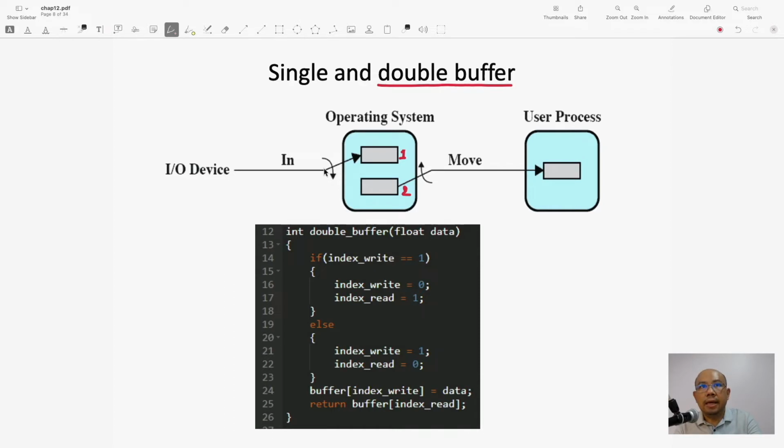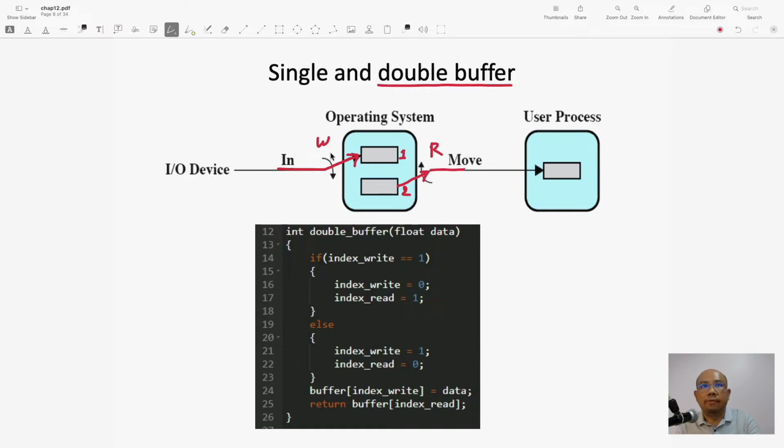The two pointers are the write pointer and the read pointer. The write pointer writes data from the I/O device to the buffer, and the read pointer reads data from the buffer and sends it to the application program or to the next hardware.